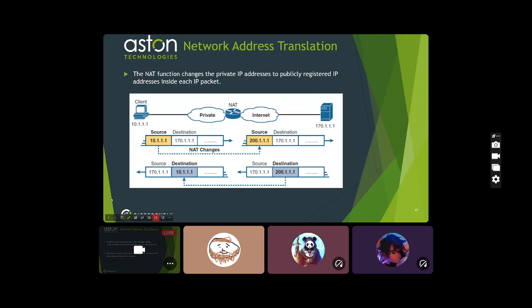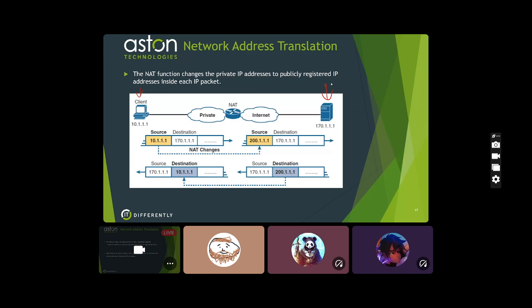All right, source and destination. Here's a visual example of what's going on. Our client PC, 10.1.1.1, wants to talk to this server for whatever reason, maybe it's Yahoo Mail. It's Reddit.